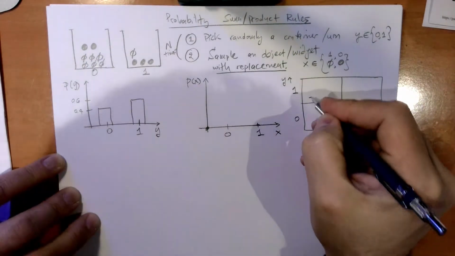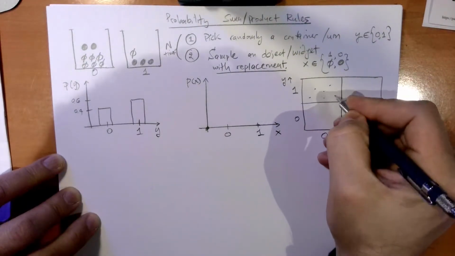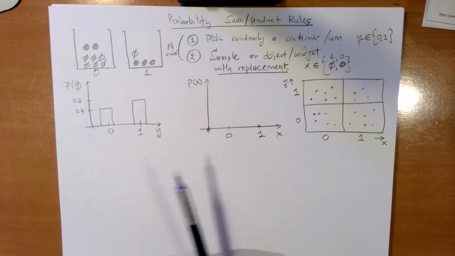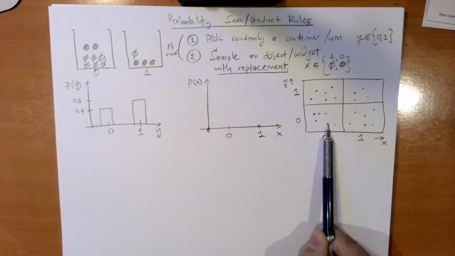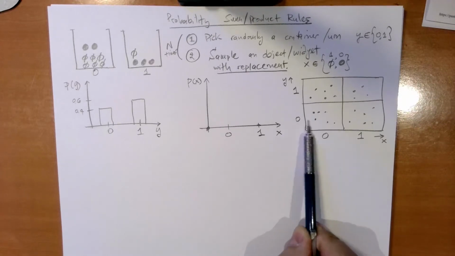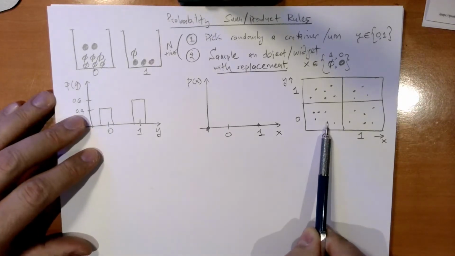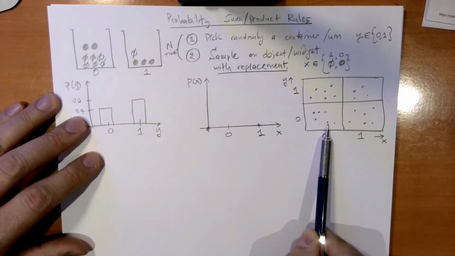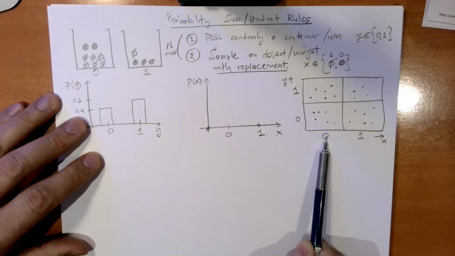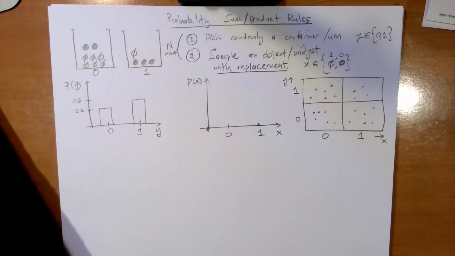In any experiment round, we get one of those points. This point, for example, corresponds to first selecting urn 0 and then drawing out of this urn object 0, which corresponds to the black widget.